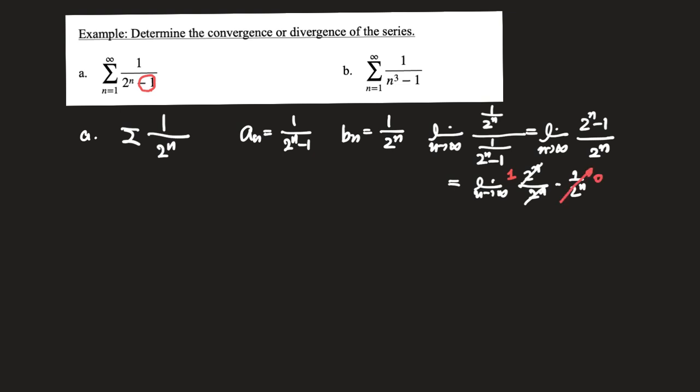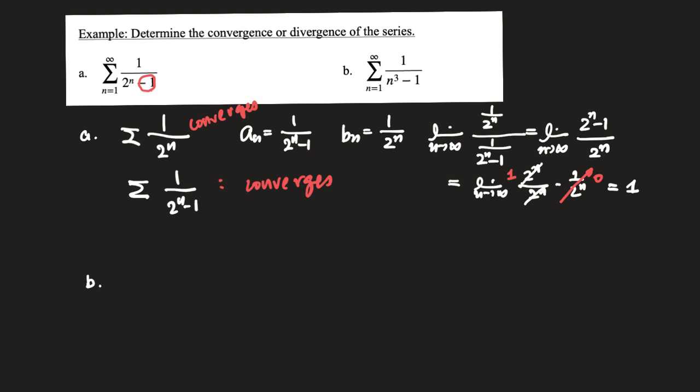This one goes to 0 because it's a geometric sequence with ratio 1/2. So this limit you find is 1. So this ratio is gonna be 1. Then we know, compared to the series 1 over 2n, you already know this is convergent because it's a geometric series. Okay, that's how to find it.